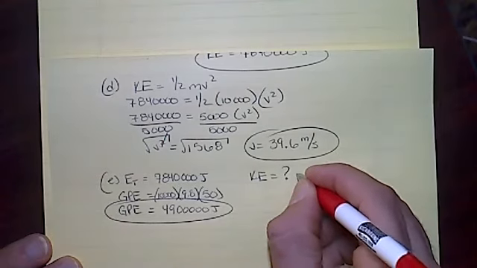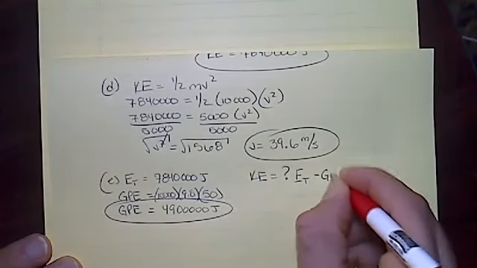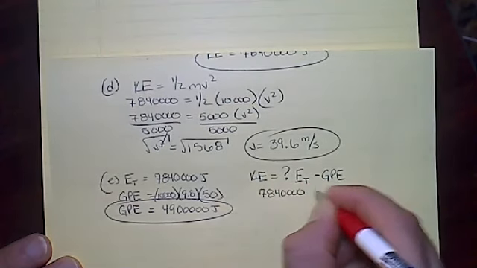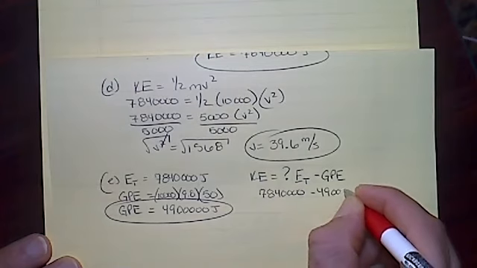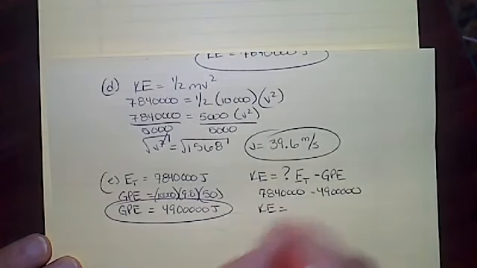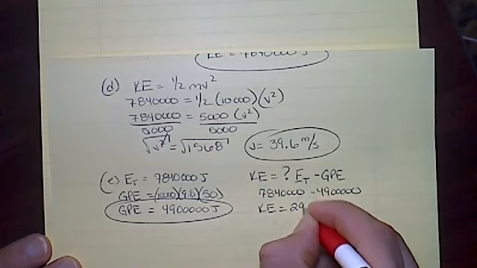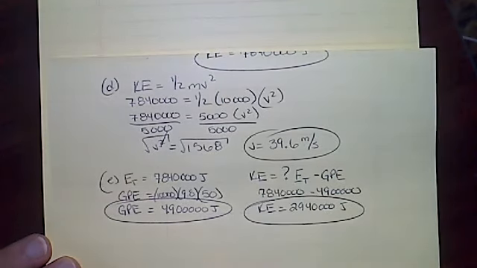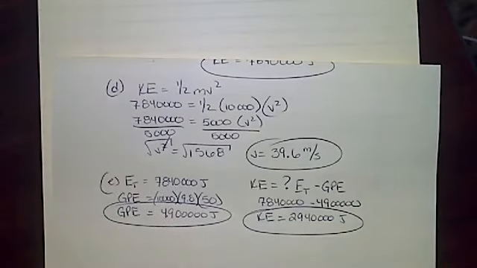So the KE would equal the energy total minus the GPE, or 7,840,000 minus 4,900,000, and we're going to get a KE that is equal to 2,940,000 joules. And these together will give us our total energy. Again, guys, we're just asking the same question in different ways and trying to get a good understanding of what GPE is and KE is and how they change from form to form.